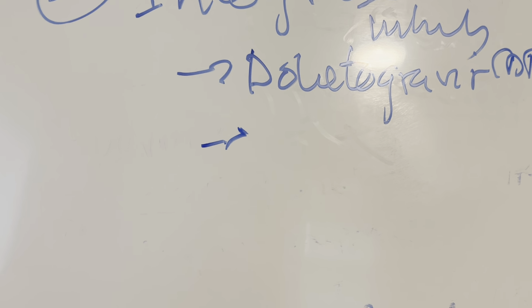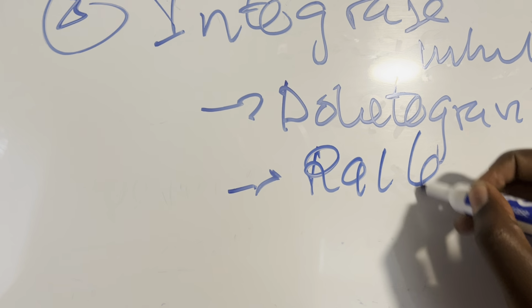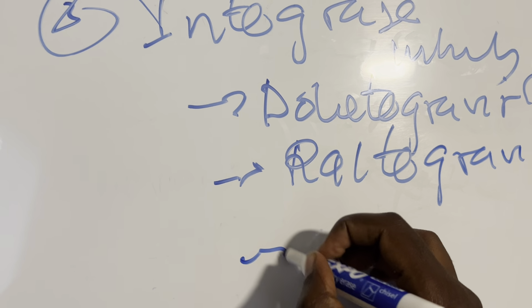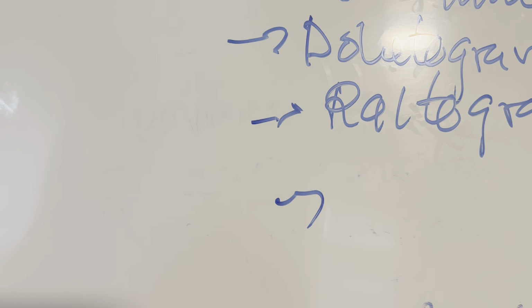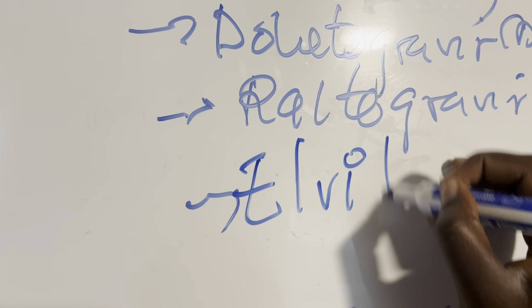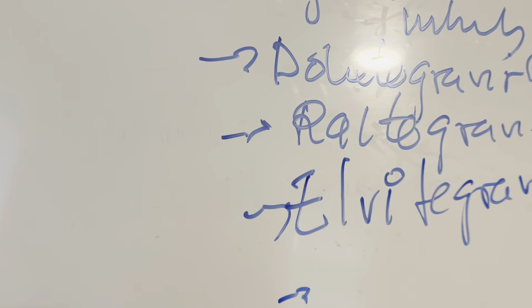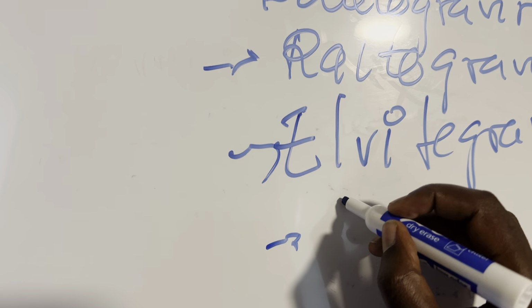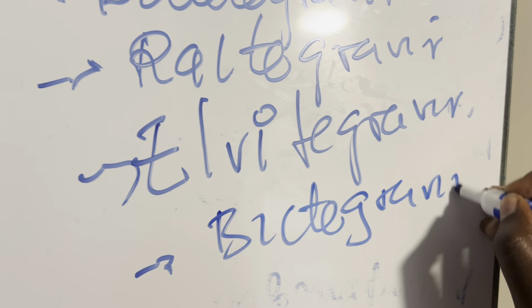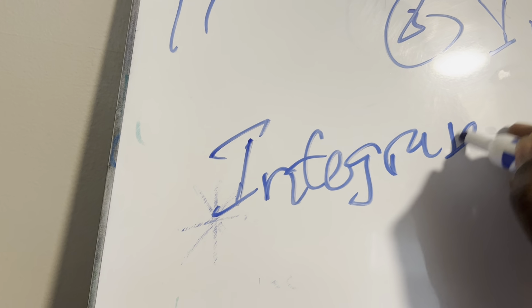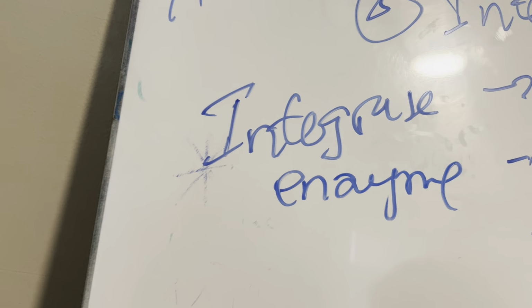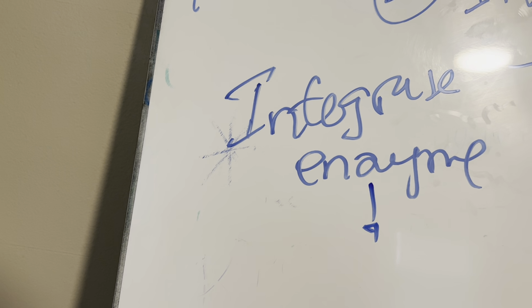We also have raltegravir, elvitegravir, and bictegravir. These drugs basically inhibit the integrase enzyme, preventing the integration of viral DNA into the host genome.